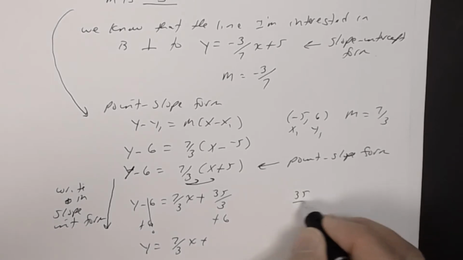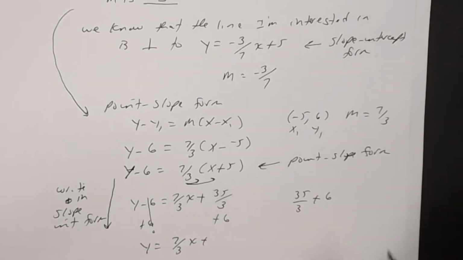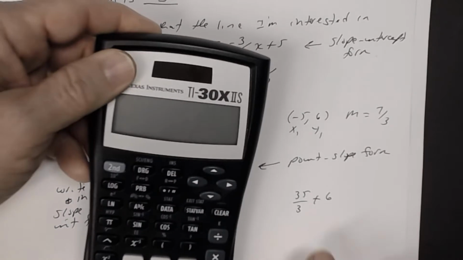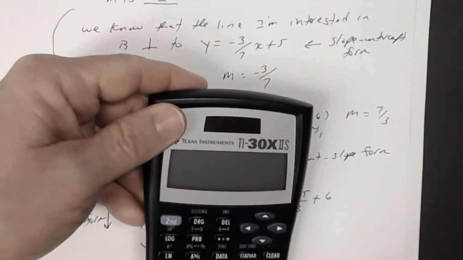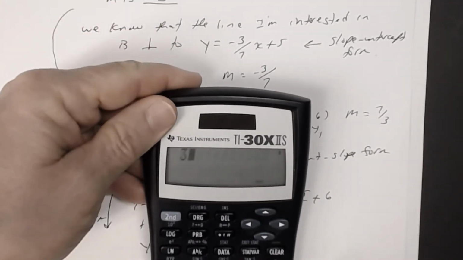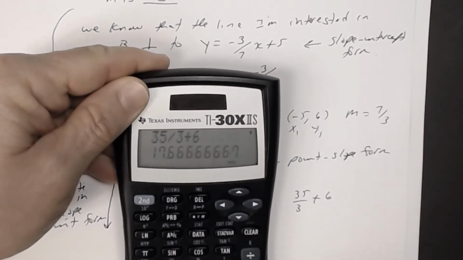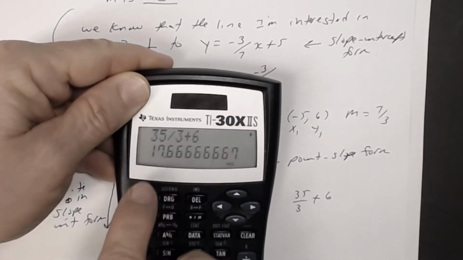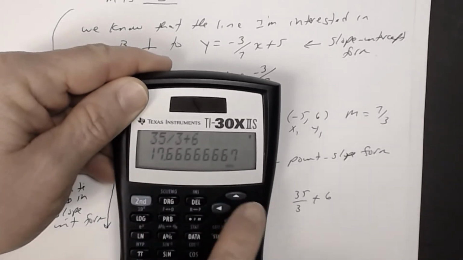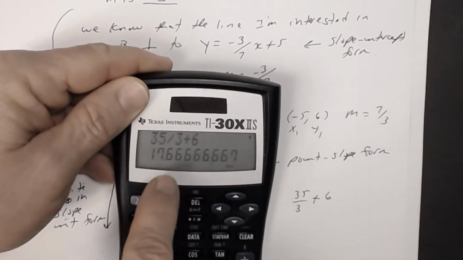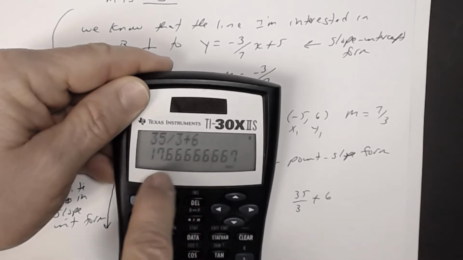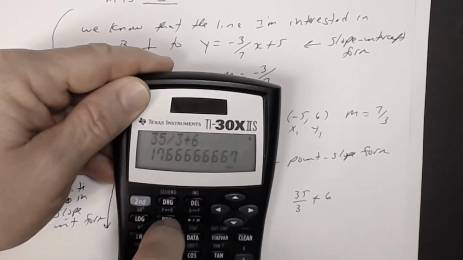So 35/3 plus 6. Use your calculator if you need to. 35 divided by 3 plus 6 equals, and you get 17.66666. Now, all of you know what this is as a mixed number. That's 17 and 2/3, right?